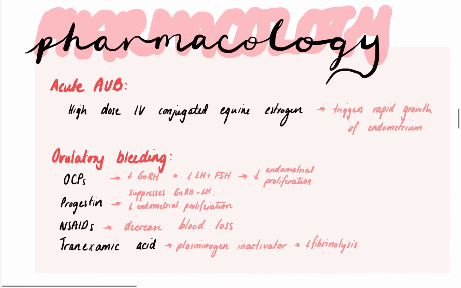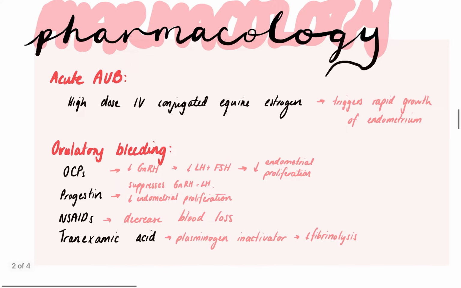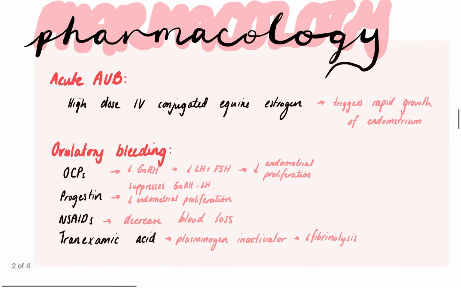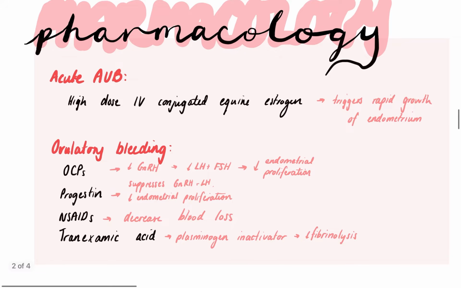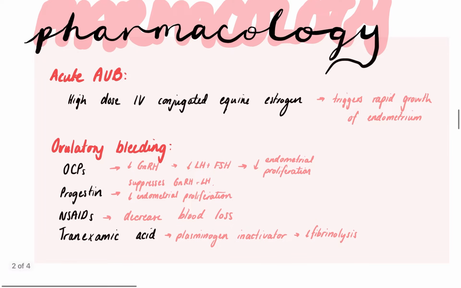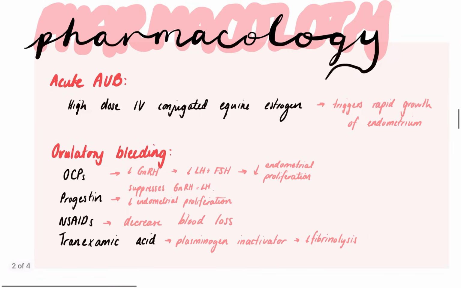Now, in terms of drugs, these are usually hormonal because, again, endometrial proliferation is mainly influenced by hormones. So for acute abnormal uterine bleeding, what is used is high-dose IV conjugated equine estrogen. So this triggers rapid growth of the endometrium and hence reduces the amount of sloughing off of tissues and blood vessels.